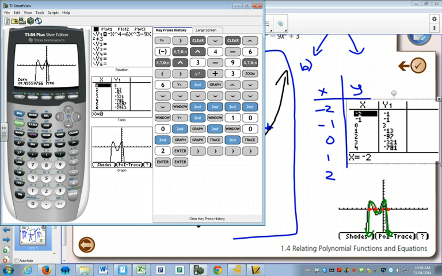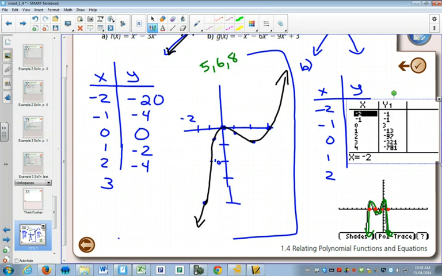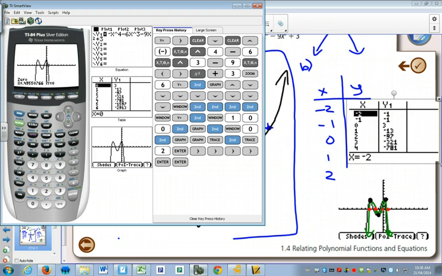The other thing your graphing calculator can find is it can find your local max and your local min points. Same place. Second, calculate. Number 3 is your minimum. Again, it asks you to go to the left. You can hit the left button over and over again. You can also type in numbers to go quicker.